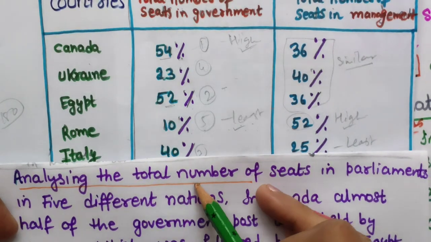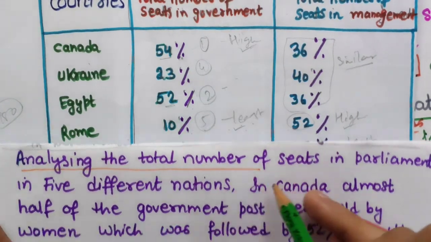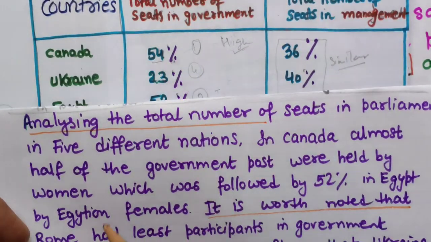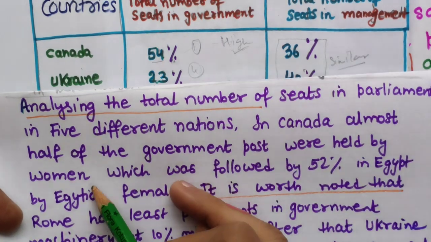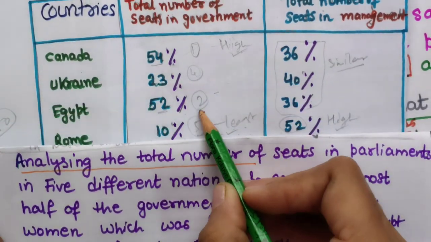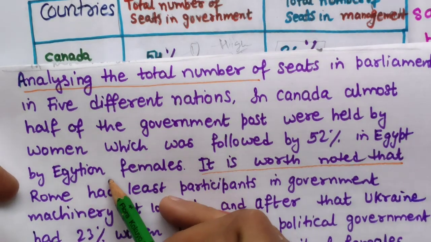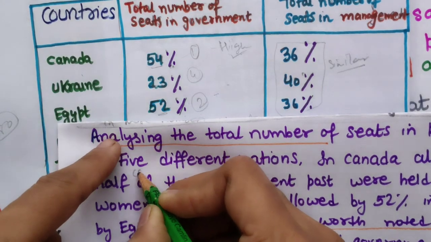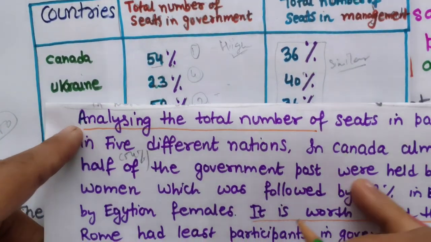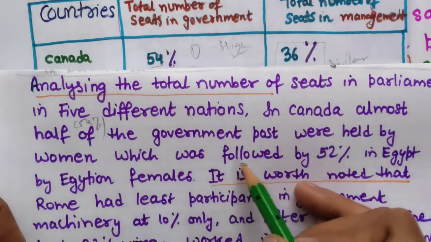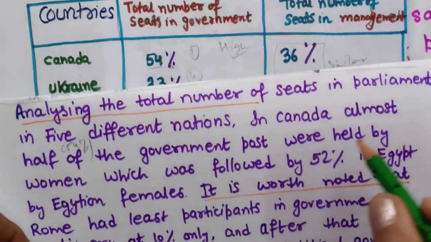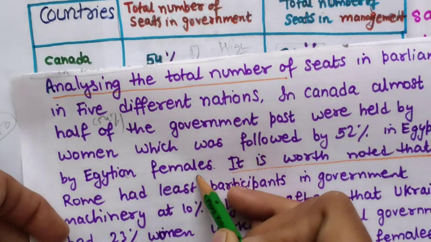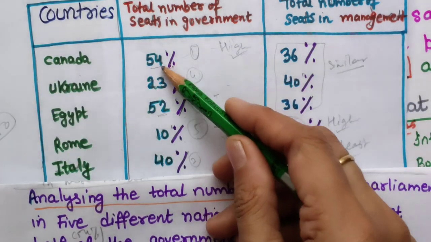Analyzing the total number of seats in parliament in 5 different nations: in Canada, almost half of the government, see this, 54%, almost half of the government posts were held by women, which was followed by 52% in Egypt by Egyptian females. Please write it in brackets. Now these two we have discussed.